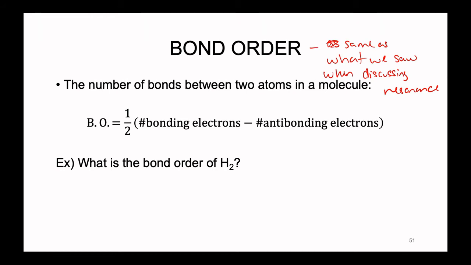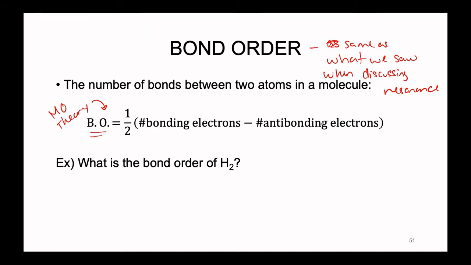We're looking at how many bonds there are between two different atoms in a more Lewis structure kind of picture. So the bond order calculation that we can do for molecular orbital theory, really this equation is for MO theory, is we're going to take 1/2 of all of the bonding electrons, and we will subtract out all of the anti-bonding electrons. This is going to tell us how strong the bond is between the two atoms that are coming together in this MO diagram.